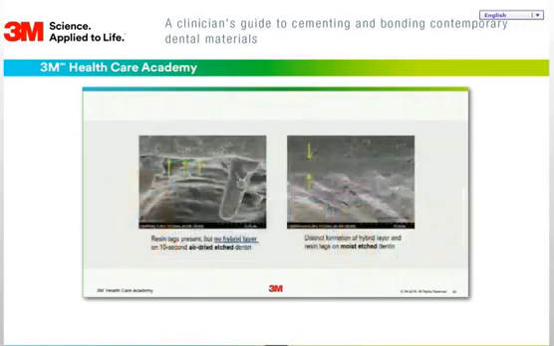And in looking here at this slide, it's very clearly what the hybridization zone looks like under scanning microscopy. Because on the left over here, you can see clearly tags into the peritubular dentin. But on the right side over here, you can see the same, but you can also see a distinct hybridization zone. And this is the critical element to produce the end result that we're all seeking.